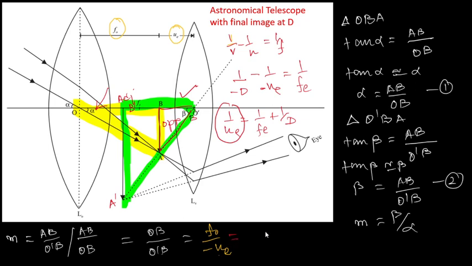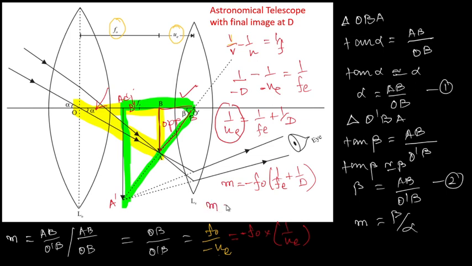Now this 1 by UE can be suitably replaced here. So this can be written as FO into, you can put minus here, and 1 by UE. So we can replace this equation. Therefore M is equal to minus FO of, instead of 1 by UE you can put this one, 1 by FE plus 1 by D. Now we can take the 1 by FE outside the bracket.